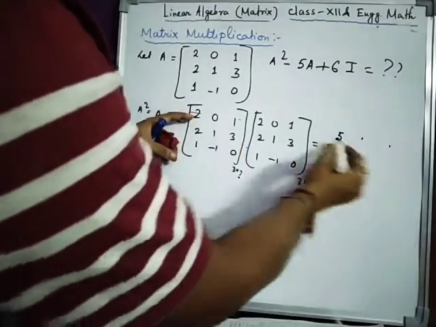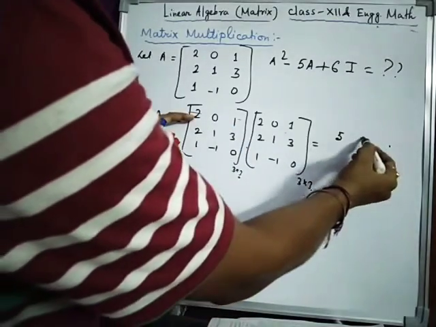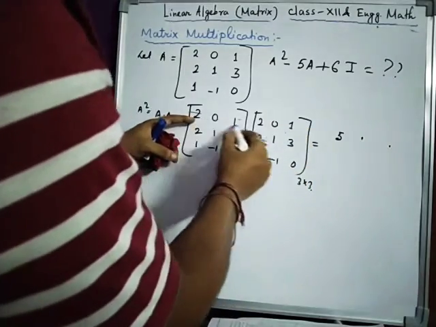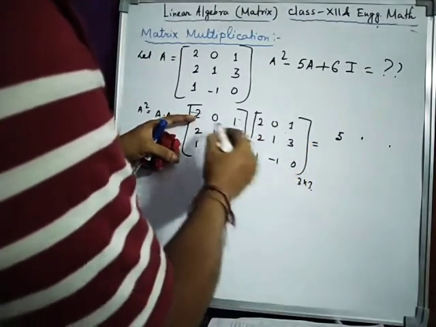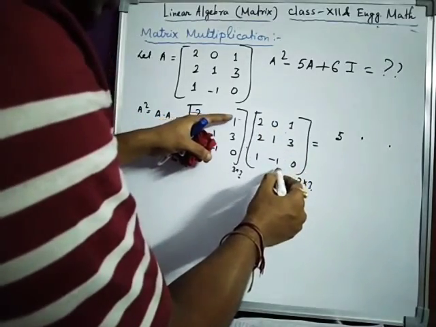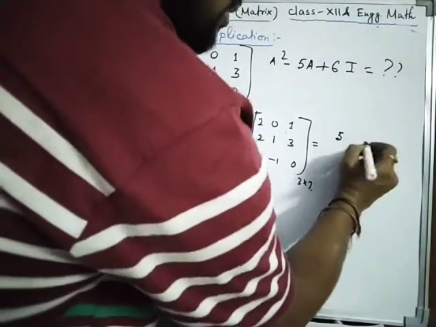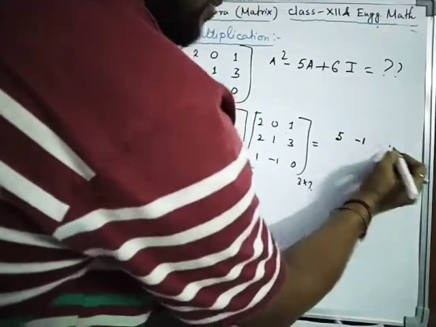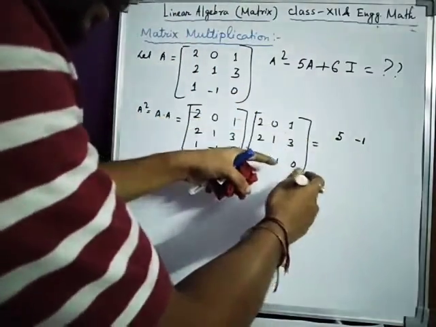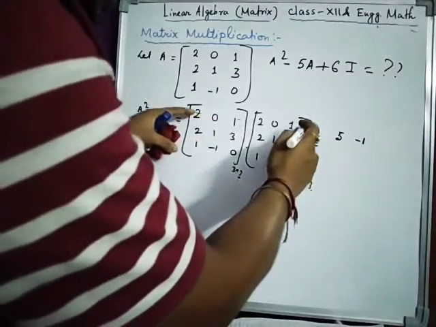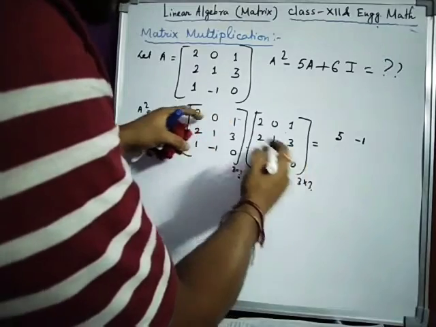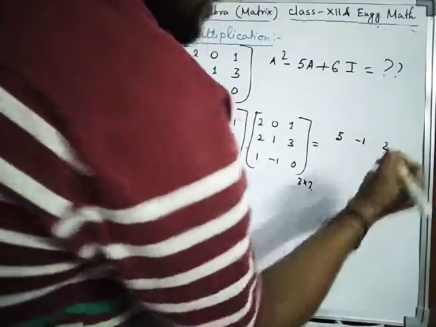Now the first digit is already calculated; for the second digit I have to calculate this with this: first row and second column. First row means 2 into 0 is 0, 1 into 0 is 0, 1 into minus 1 is minus 1. So this will be minus 1. And the third one means first row and third column. So 2 into 1 is 2, 0 into 3 is 0, 1 into 0 is 0. So 2 is the answer.